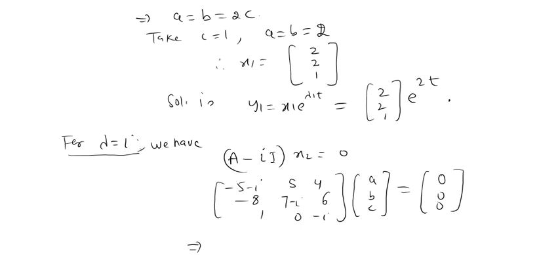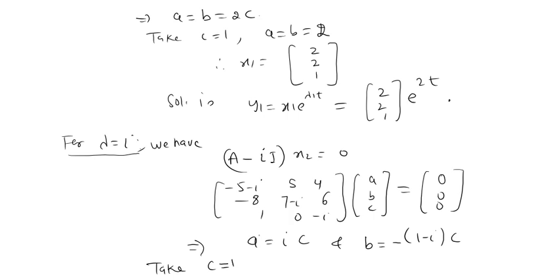So this implies a equal to i c and b equal to (-1 minus i) c. Just solve the above system. Here you can take c equal to 1.